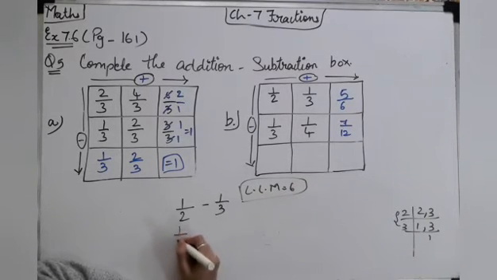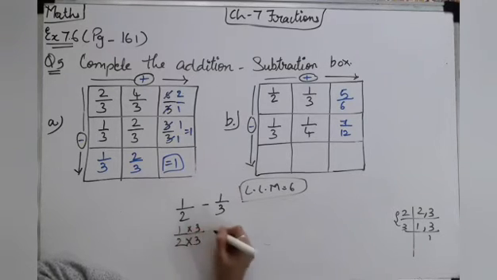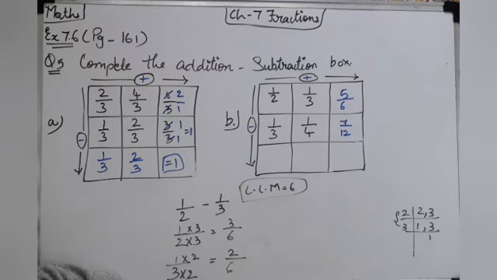Okay. 1 upon 2, I'll multiply by 3. In the numerator also 3, so 1 into 3 is 3, 2 3s are 6. 1 upon 3, I'll multiply by 2. In the numerator also 2. So I'll get 1 2s are 2 and 3 2s are 6.